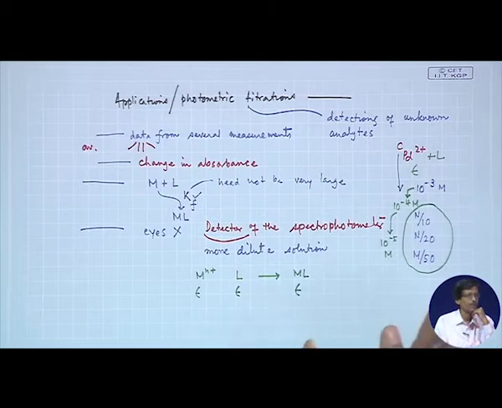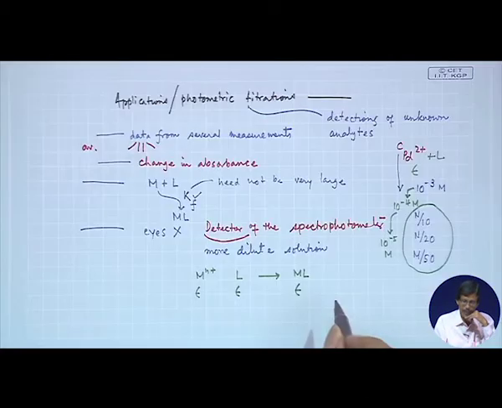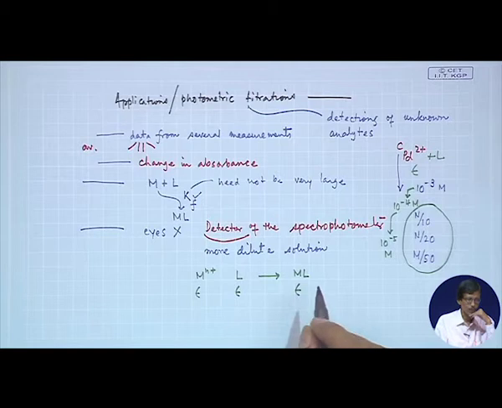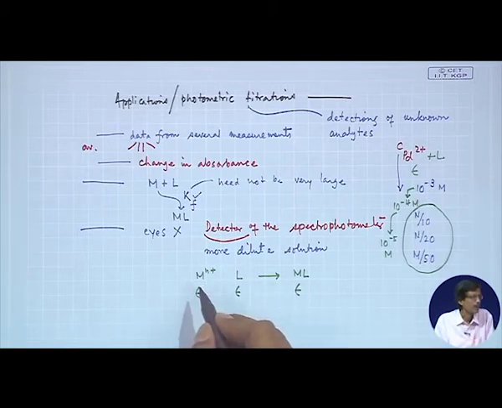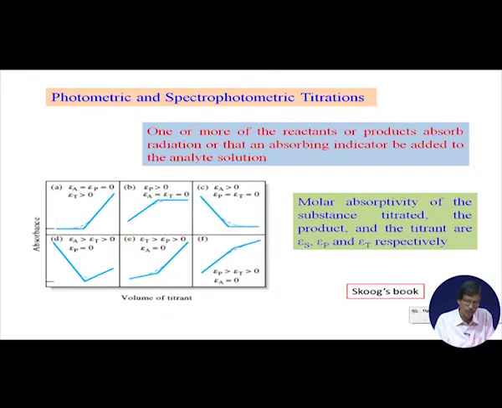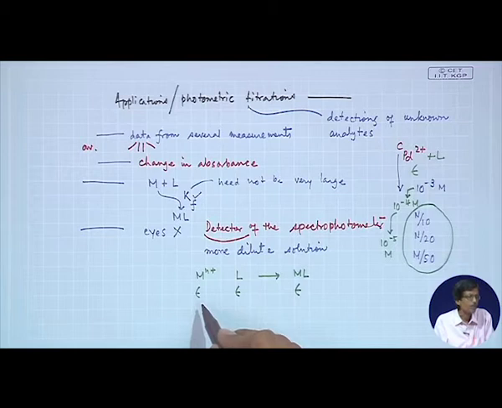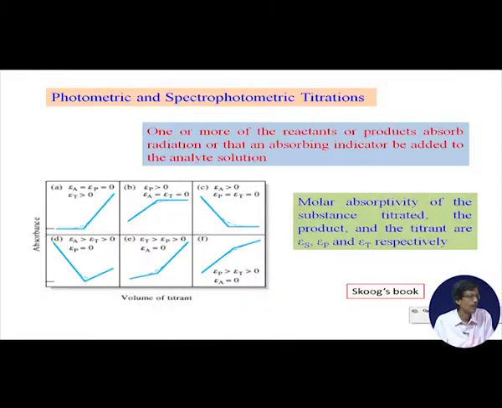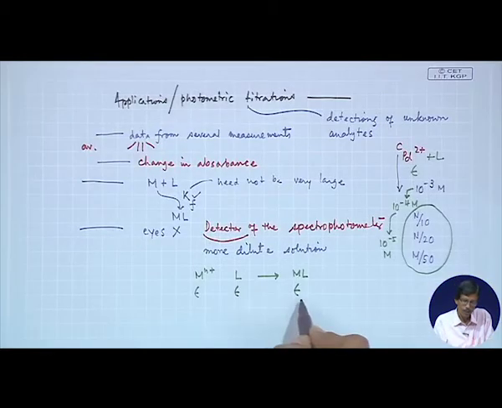So, this is the very simple strategy: you have the corresponding absorbances, that means you can have different absorbances for epsilon, for the metal ion, for the ligand and for the product.